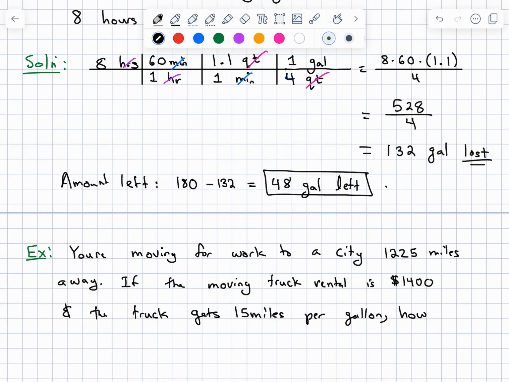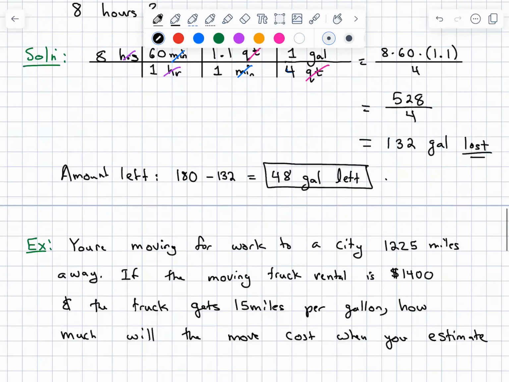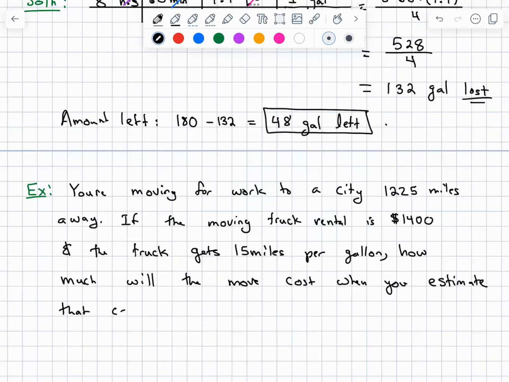How much will the move cost when you estimate that gas will cost $3.30 per gallon?